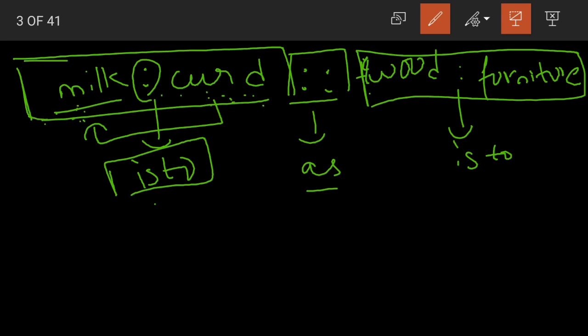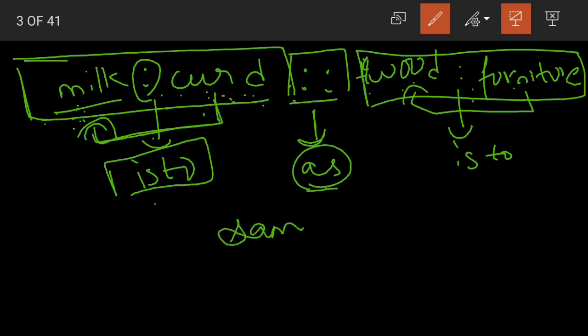In the same way, as means in the same way, wood and furniture are also related to each other. Furniture is made from wood.